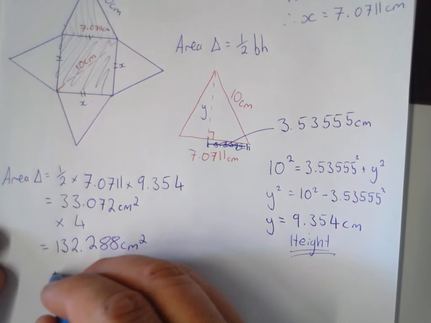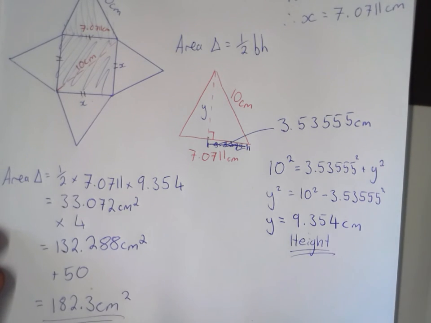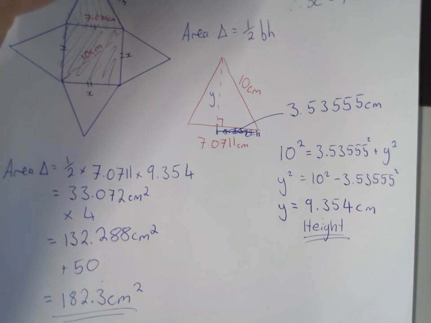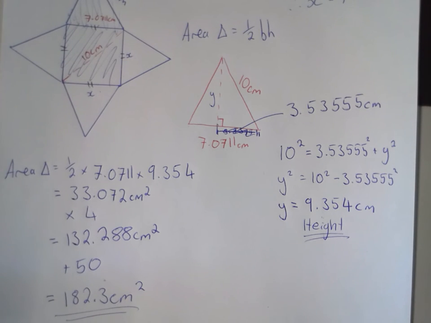So I'm just going to add on 50, and that is going to give me 182.3 centimeters squared. Now that is my final answer. You notice with my final answer, I've only rounded it to one decimal place. Depending on the question, you'll round it to a different number of decimal places.